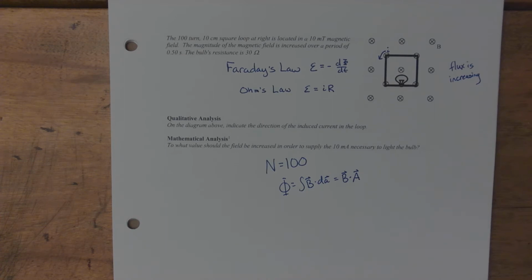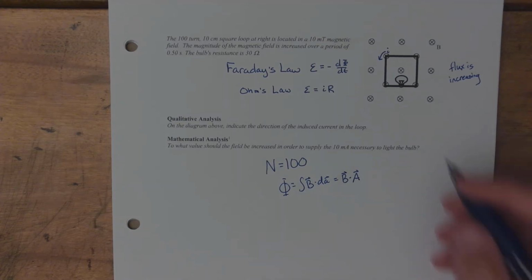Okay, now, as we talked about in the previous video, we have to determine what direction we want the area vector to point in. So, you can either have it pointing in the same direction as the magnetic field, or you can have it pointing out of the page. I'm going to say that the area vector is pointing out of the page.